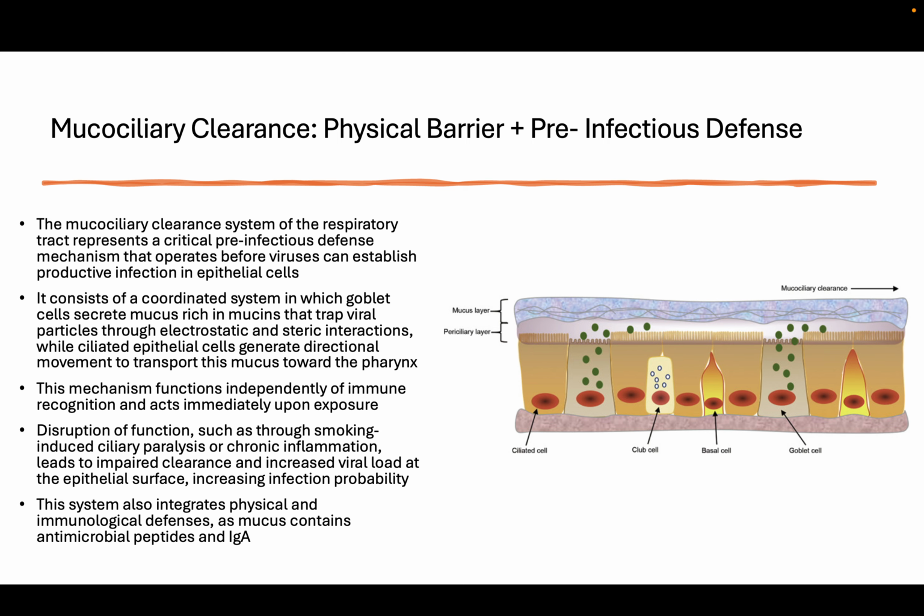Within this mucus, there are a lot of different types of antimicrobial peptides, but also antibodies, specifically IgA, that stop and neutralize viruses. So these very important mucus layers are electrostatically or sterically inhibiting viruses from getting inside our epithelial cells to do destruction.